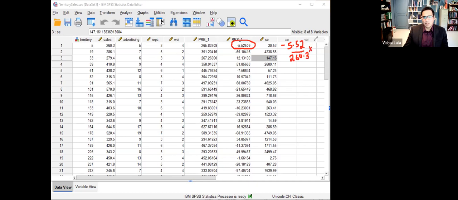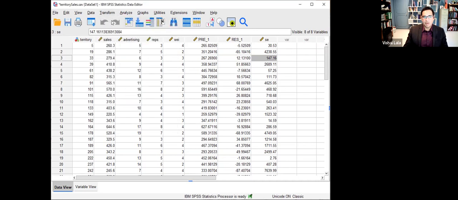This would be our percentage error for the first observation. If you want to take the negative sign away, you can apply an absolute value function to this. So for every single residual, we'll compute the absolute percentage error, or APE.